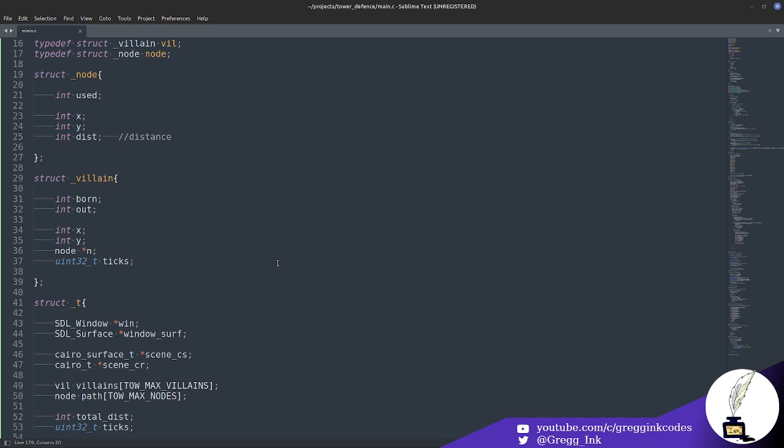I'm starting to think I could have a struct called entities and kind of merge together the villains and the towers. Do I want to do that?